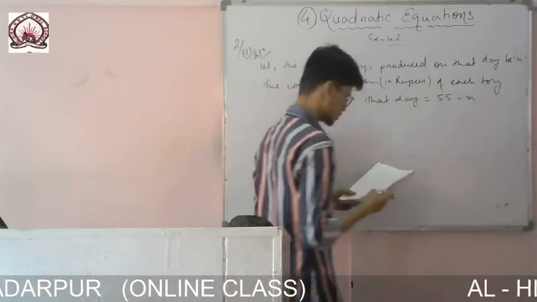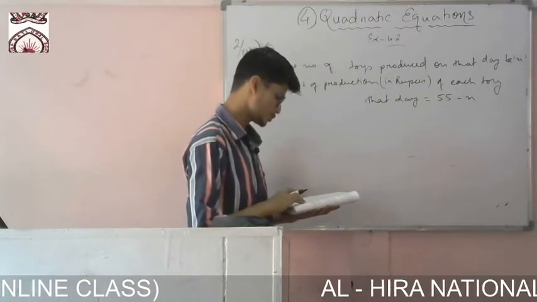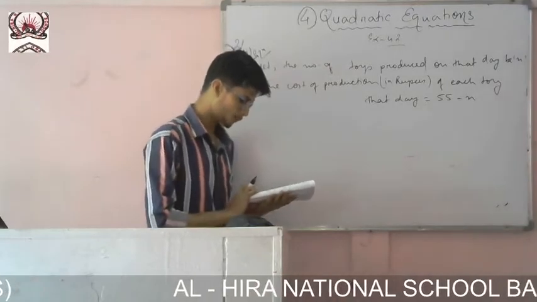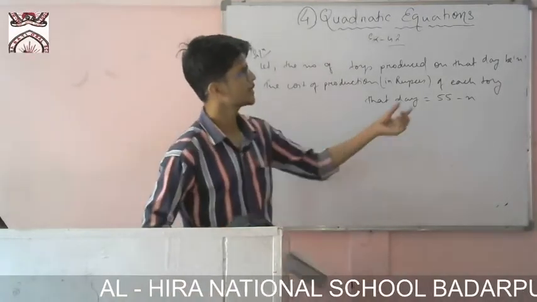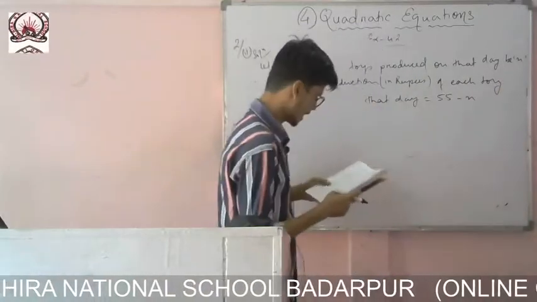It is given in the question that the cost of production of each toy in rupees was found to be 55 minus the number of toys produced in that day. I have written toys produced as x, so 55 minus x.